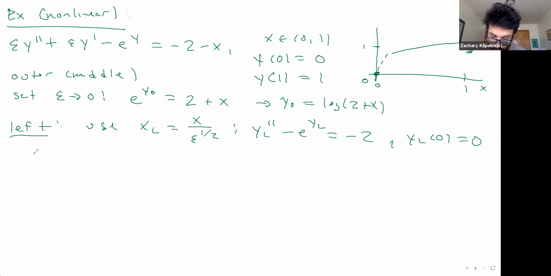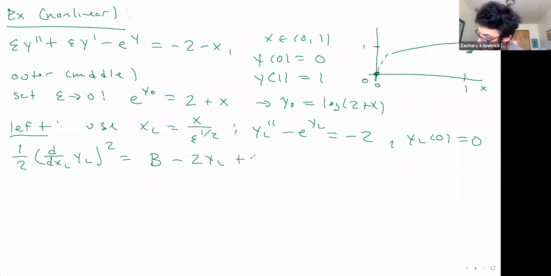I can write this as 1/2 d/dXL of YL prime squared is equal to B minus 2 YL plus e to the YL, okay?